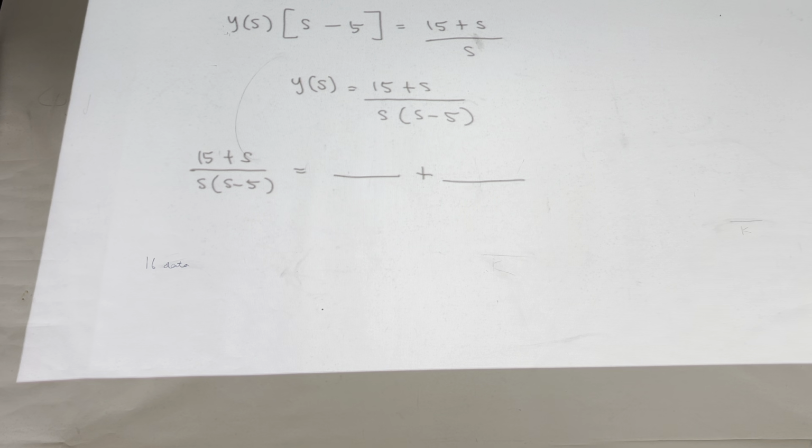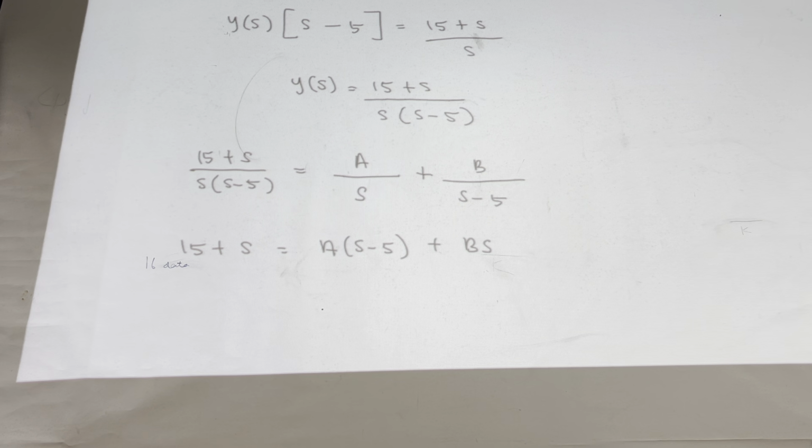For s, this is linear, so you have A. For s minus 5, this is also linear, so you have B. So we are going to simplify for the numerator. 15 plus s equal to A multiply (s minus 5) plus B multiply s. Now solve for A and B.